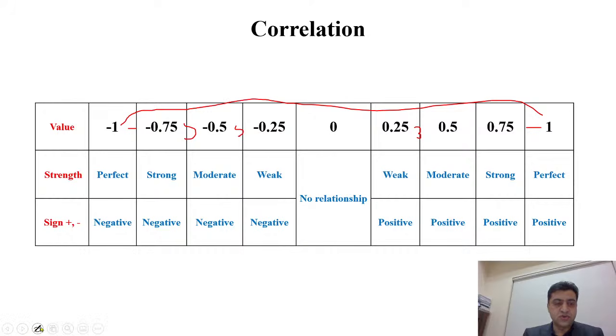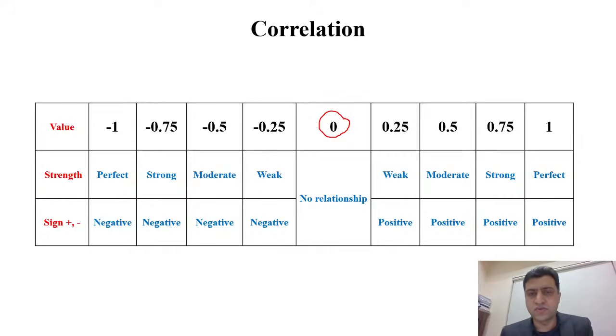So you need to be sure that this is the range of correlation. Now, if the value is 0 or sometimes closer to 0, we will say that there is no correlation, no relationship exists.